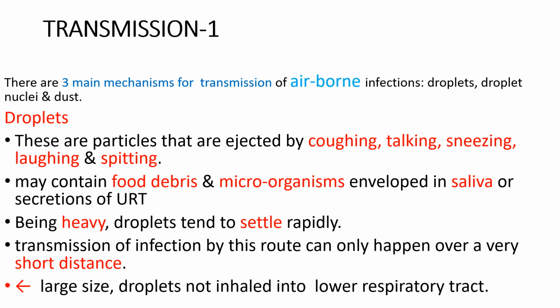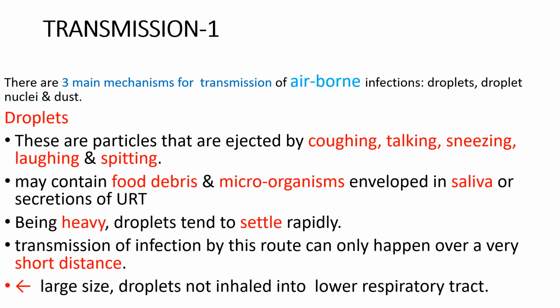Transmission. There are three main mechanisms for transmission of airborne infections: droplet, nuclei, and dust. Droplets are particles that are ejected by coughing, talking, sneezing, laughing, and spitting. May contain food debris and microorganisms developed in saliva or secretions of upper respiratory tract.